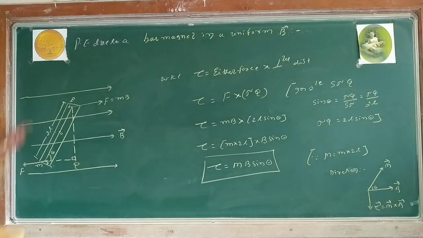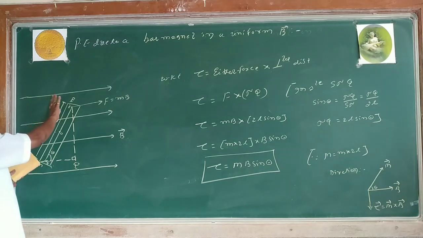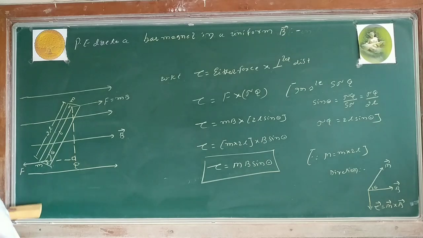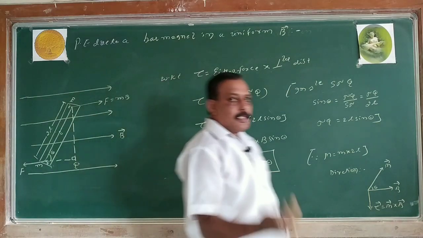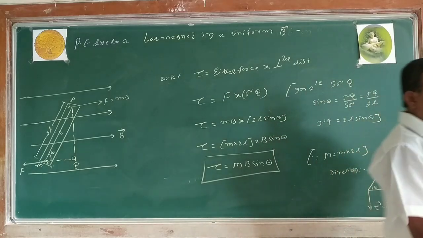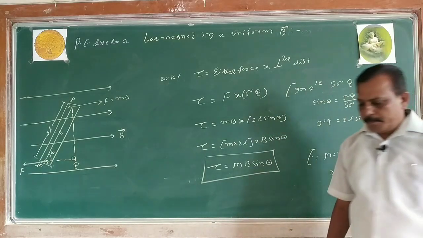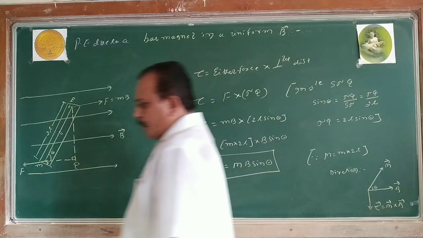Same figure. Explanation is the same. When it experiences a torque, it rotates. Due to that torque, the rotational effect, it rotates, and due to that rotation there is an angular displacement. Hence work is done. That work done is stored as potential energy, magnetic potential energy.